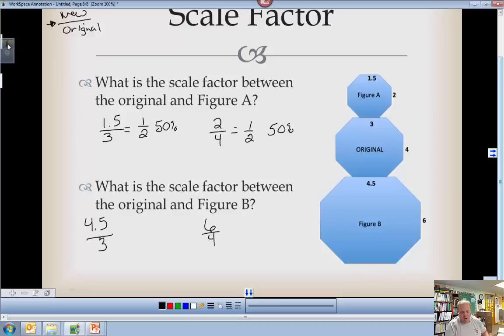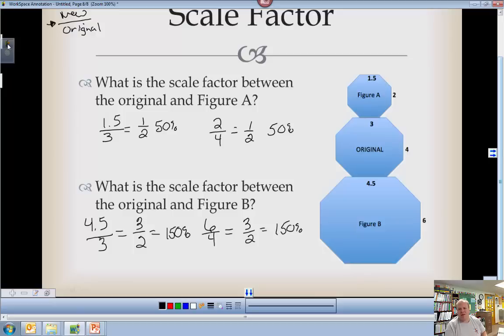Well, this reduces down to 3 over 2, which is 150%. This reduces to 3 over 2, which is also 150%. So I would say that figure B is 150% of the original shape.